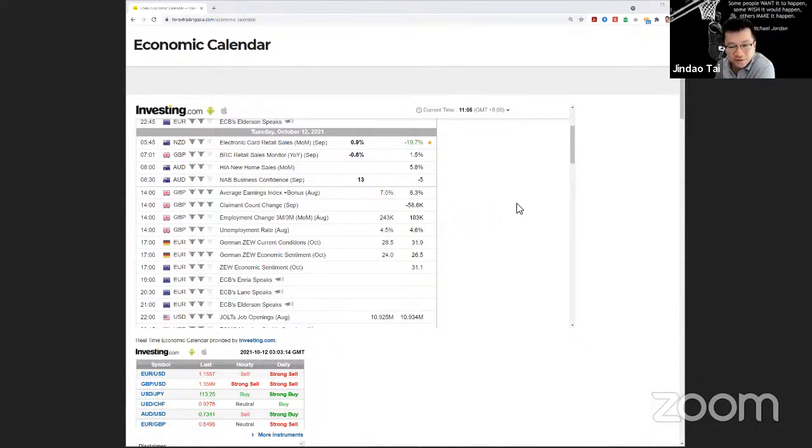We've seen some fluctuations in terms of the dollar and also the individual currencies, but it hasn't really provided any real direction.